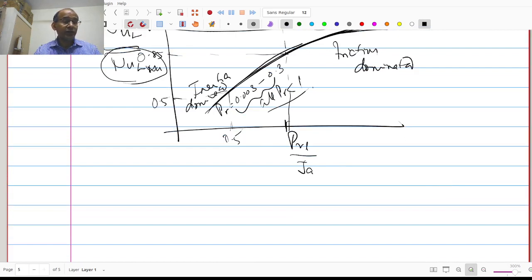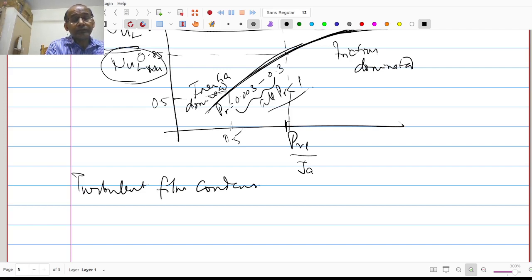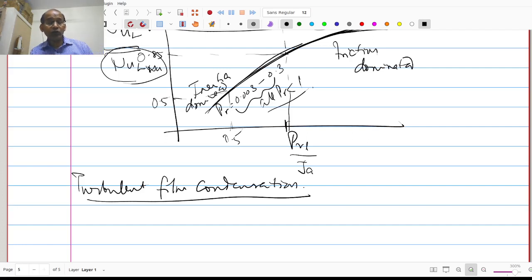Now we'll move on to turbulent film condensation. Okay. So in turbulent film condensation, the first thing that we need to know is what is the parameter that tells us where the film would be laminar, where the film would be wavy, and where the film would be turbulent.